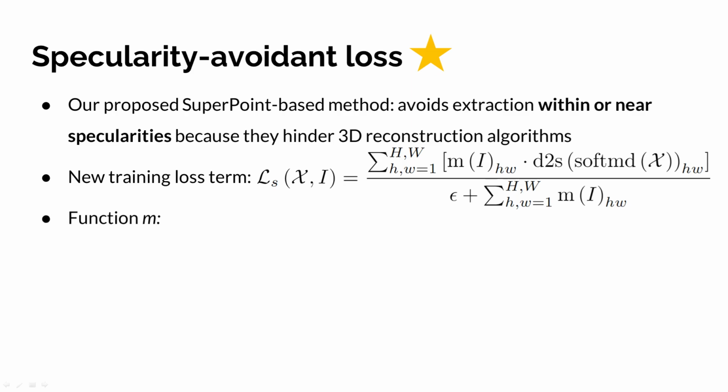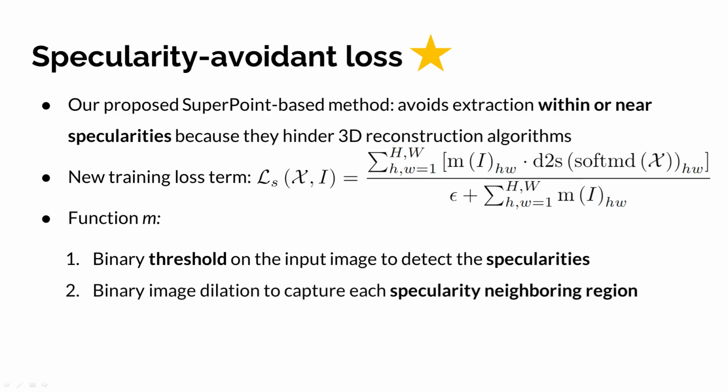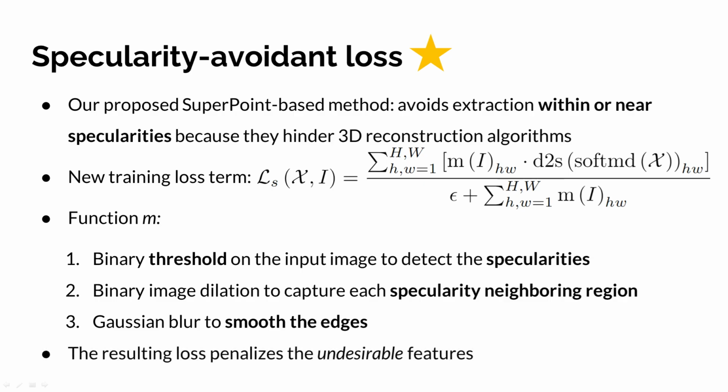This function M is first a binary threshold of the image to detect the specularities, a dilation of the result to also capture the neighboring region, and a Gaussian blur to smooth the edges of this mask. The result is a loss that penalizes this kind of undesirable features.